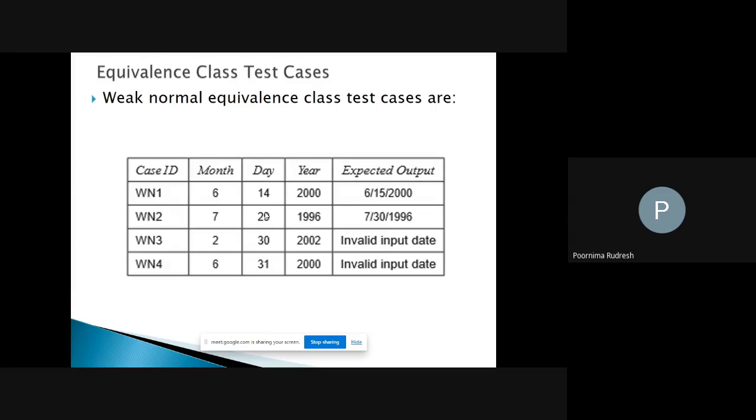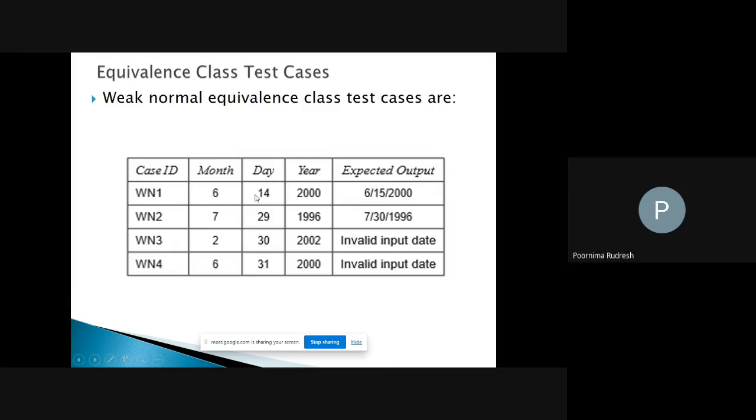Next we'll move on to the weak normal equivalence test cases: WN1, WN2, WN3, WN4 for the next date function. Weak normal is simple. It consists of the normal test cases.